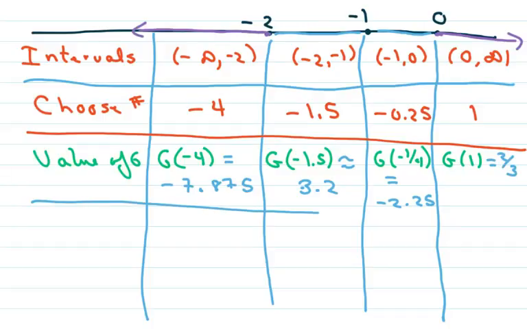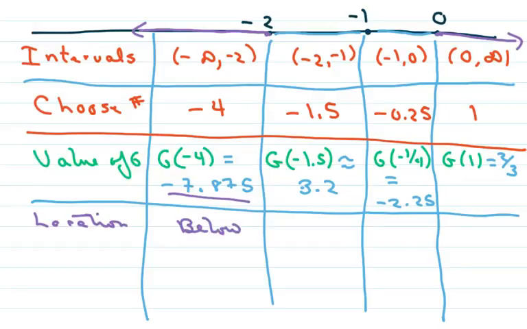So I want to know what's going on with the graph, and we can look at location on the graph. So since this is negative, this is going to be below the x-axis. This is positive and this is positive. So this is above the x-axis, both of these. And this one's below.